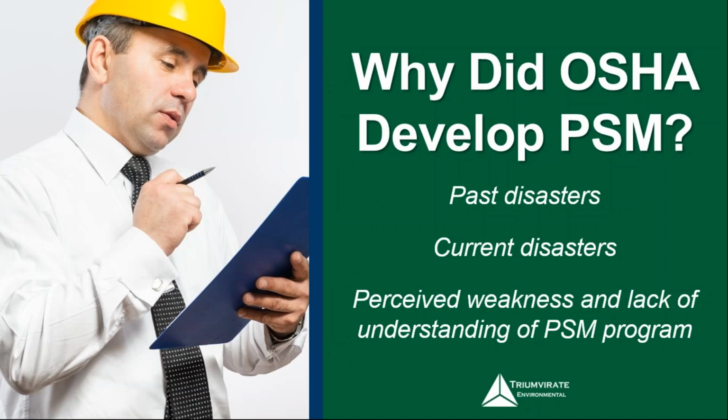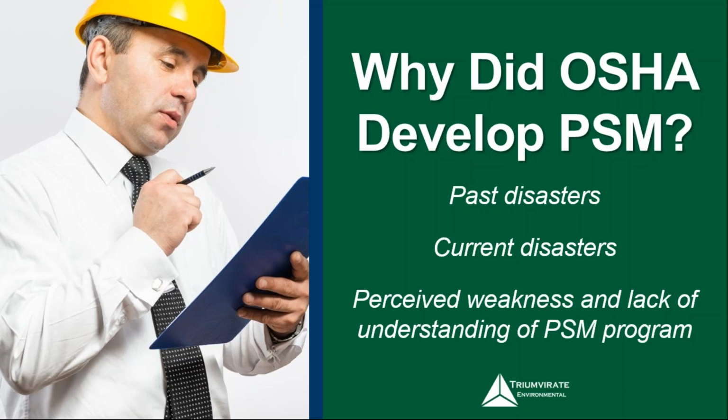So I guess we'll start off here with, why did OSHA develop the process safety management rule? And it really was all from past disasters. Some of these you all maybe remember, but it really was that. And obviously we still have some current disasters. Right? We just had one recently down in Texas with the fertilizer facility, and there's been a bunch of other ones also.